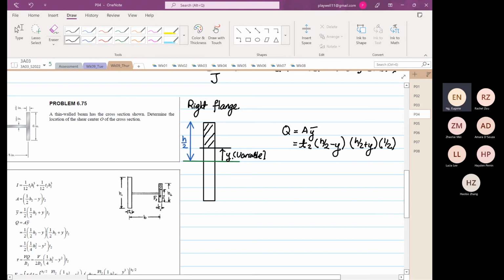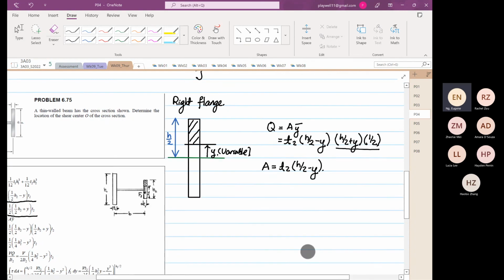Now let's answer the question. So the area you see is T2 times h/2 minus y. So it's the same as what you see over here. Am I right? And the y bar is here and it's the same.